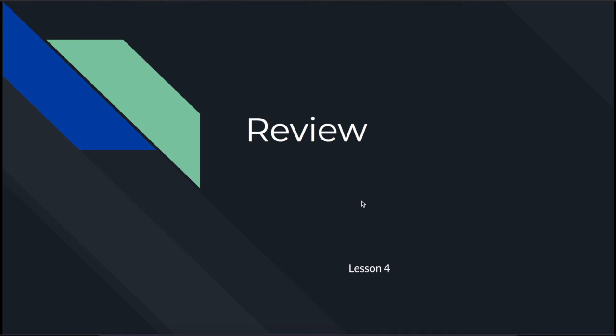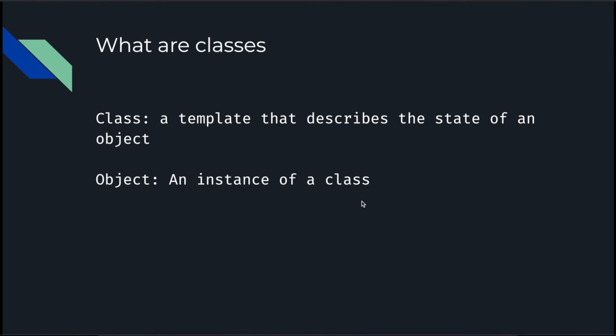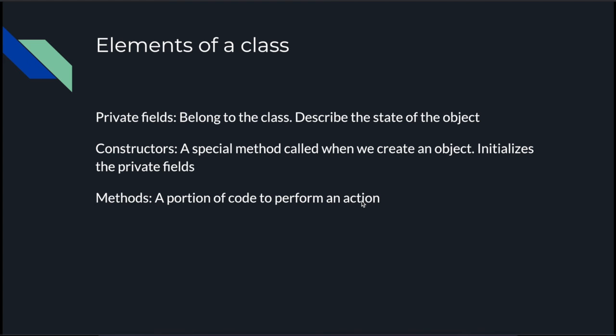Alright, so finally let's just review what we learned today. Today we learned what classes and objects are. A class is a template that describes the state of an object, and an object is essentially an instance of a class. The elements of our class are 3 main things.